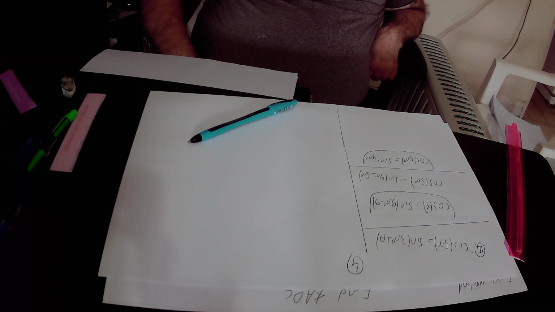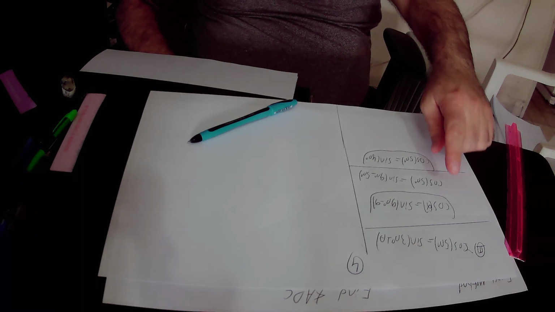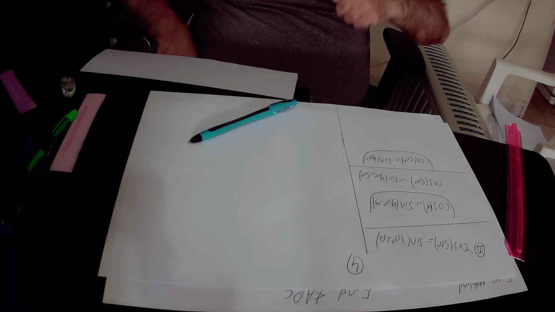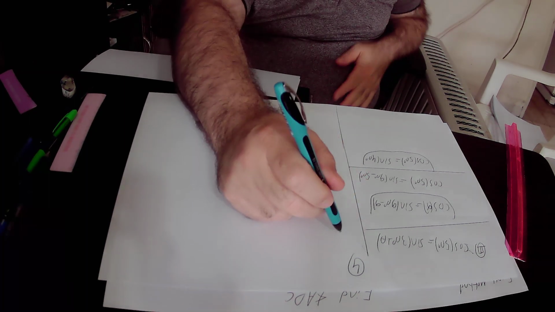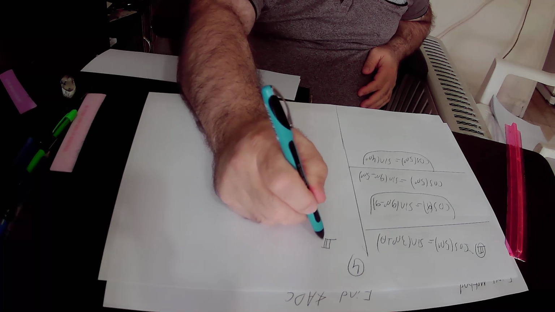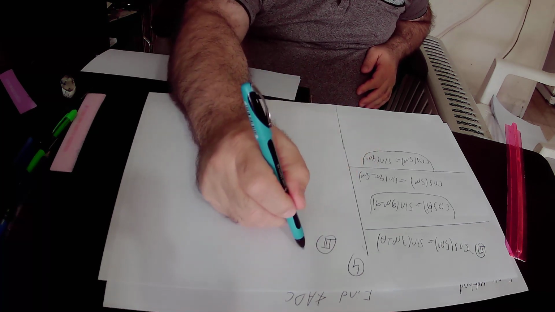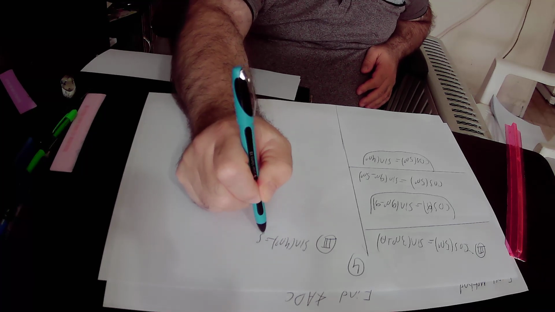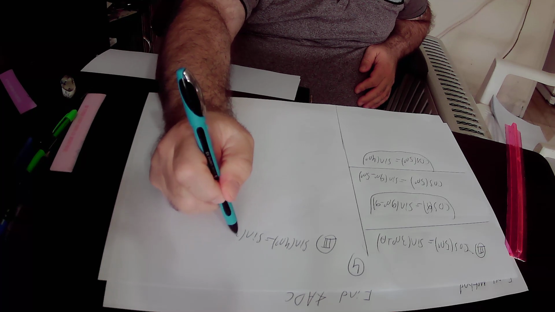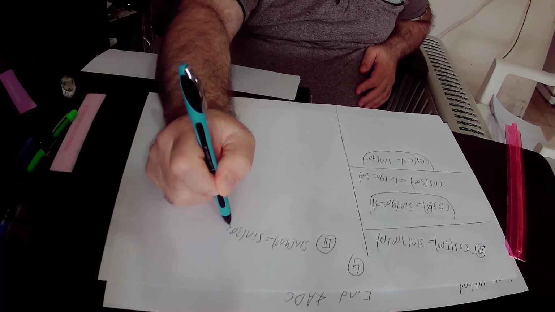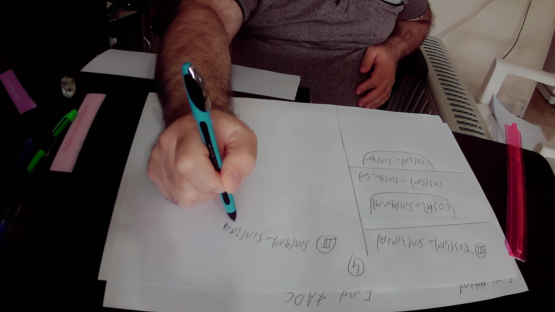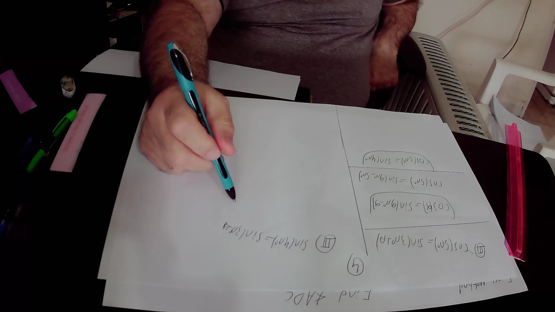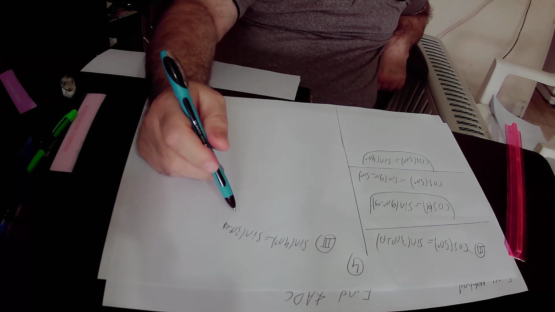So now we can substitute cosine 50 degrees in equation number 3 by sine 40 degrees, and we will get that sine 40 degrees equals sine 30 degrees plus theta.